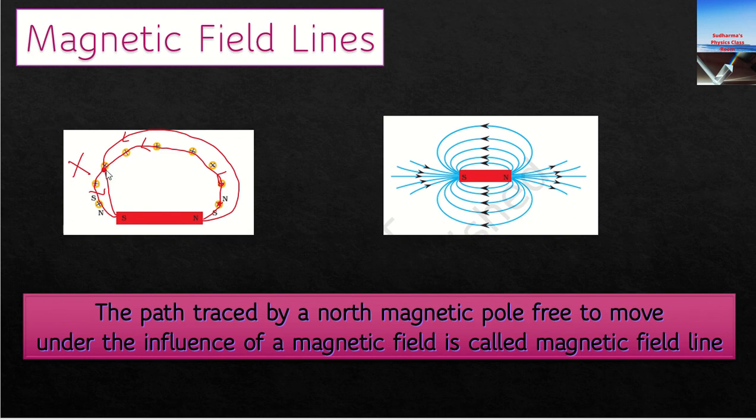If they are meeting at this point, that means the compass needle has to show two directions at that single point, because the direction of the magnetic field at a point is indicated by the direction in which the compass needle is pointing. So if two magnetic field lines are intersecting, the compass needle has to show two directions simultaneously. Think, is it possible?